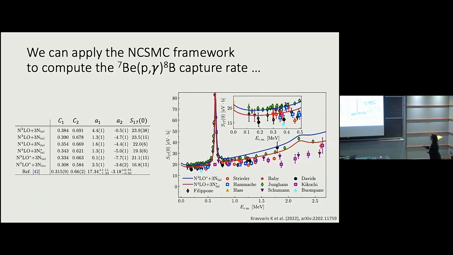So let's take a look here. We have this blue curve, which corresponds to the 2003 interaction. It agrees well with the experimental data from Junghans at low energy and in the peak, but then when we go to higher energies, it seems to be discrepant with respect to this experimental data of Junghans. Then we have this other interaction that is the newest.